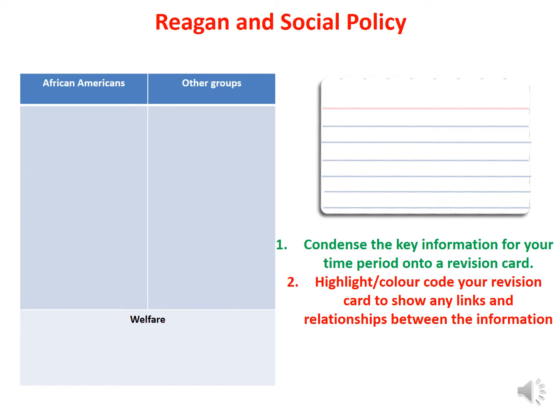I'd then like you to do that for Reagan and social policy, thinking mainly of African Americans, welfare, and other groups such as homosexuals and women during this time. So key detail, key information, and then color coded to show how that overlaps, interacts, links with other parts of the specification.